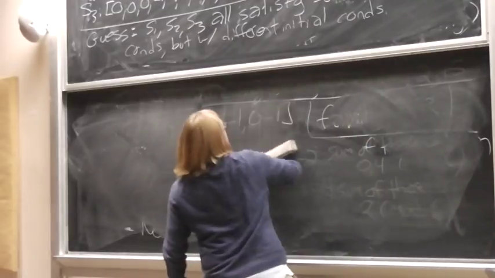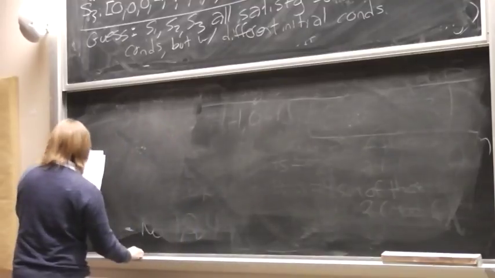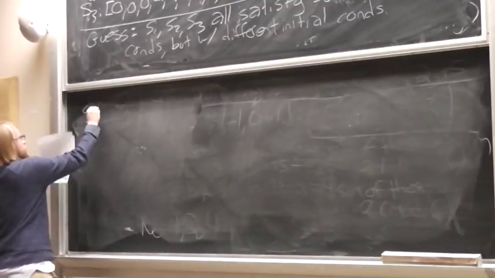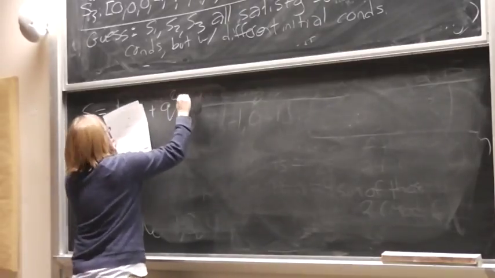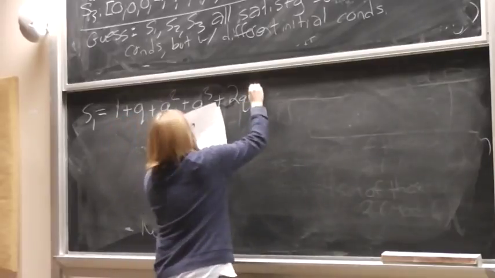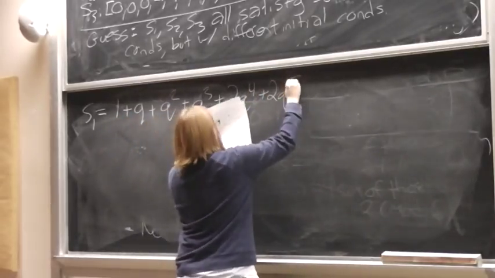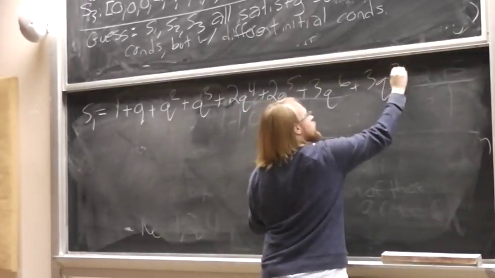Okay, so with Maple, we can easily write down what S1 is equal to: 1 plus q squared plus q cubed plus 2q to the 4th plus 2q to the 5th plus 3q to the 6th plus 3q to the 7th.